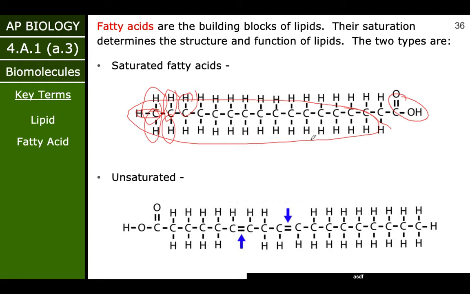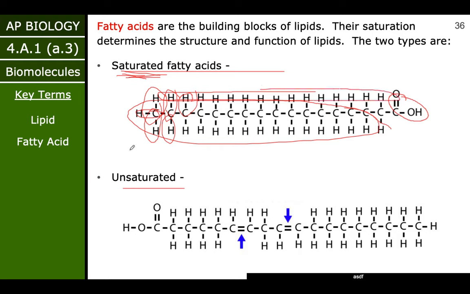you'll see one float on top of the other. Okay. Now, this slide is really trying to show us the difference between saturated fats and unsaturated fats, and that's important, but I don't want to delve on it too much. Basically, saturated fats are full. That's what saturated means. It's full. So if you're saturated with water, you're full of water, right? So these guys are full of hydrogen. So every single opportunity for a hydrogen, they've got one.